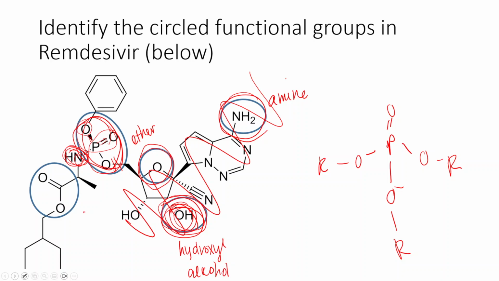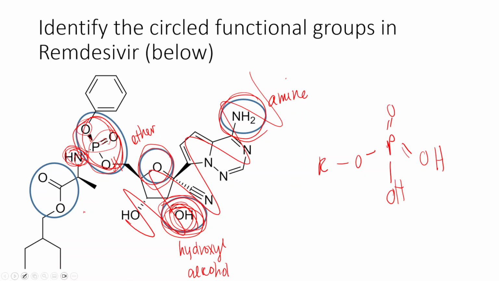Does a phosphate ester, when it's on its own, have to be bonded to an OH, or is it just the fact that phosphorus double bonds to oxygen and then single bonds to another oxygen? So a phosphate ester, just one ester, instead of that second R group, you would have the OH.